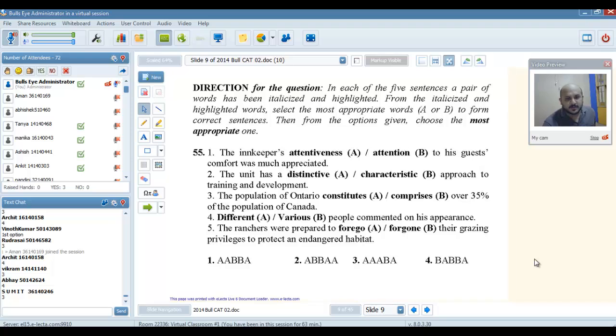Guys, the answer is option number 3. Option 3 is the correct answer in this case.